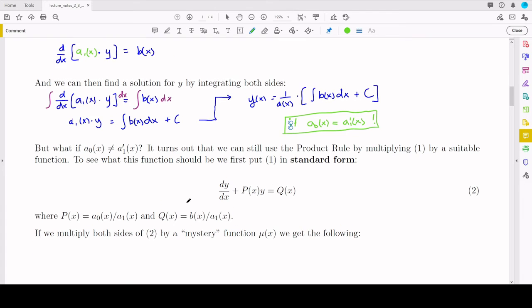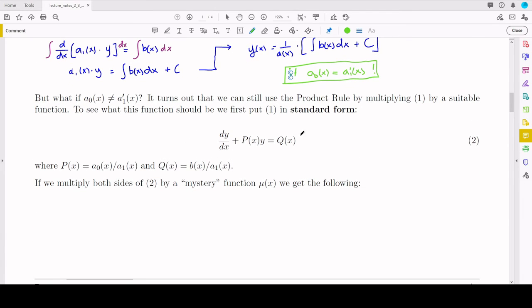Now, this is our standard form, and we're going to multiply both sides of this equation by a mystery function mu of x. So that's what we get.